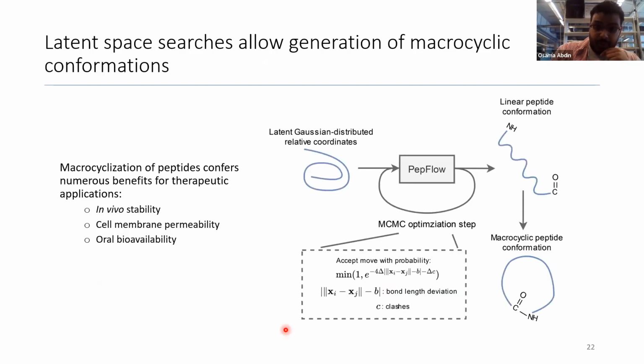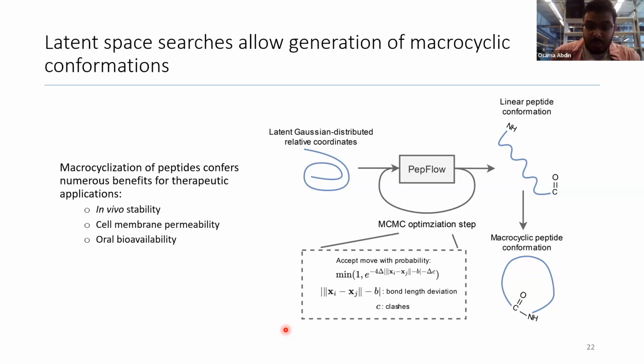So although PepFlow was trained on linear peptides, we reasoned that even linear peptides should assume, with some probability, conformations that resemble their macrocyclized conformation.